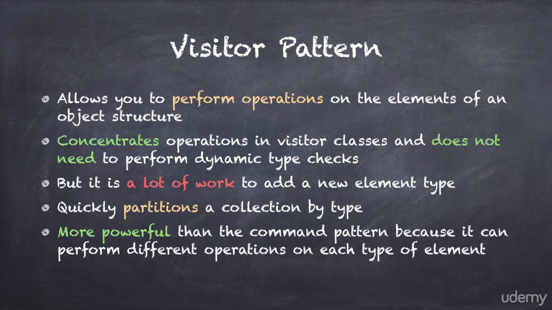The disadvantage of the pattern is that it is a lot of work to add a new element type. The pattern can be used to quickly partition a collection by type. The visitor pattern is more powerful than the command pattern, because it can perform different operations on each type of element.